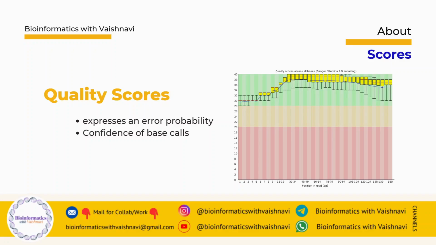If we have good quality data, then there is no need for trimming. That's why the first step in bioinformatics is always quality checking. Before checking the quality of the file, we can't move forward to the further steps, because at last we will not get our results, right?